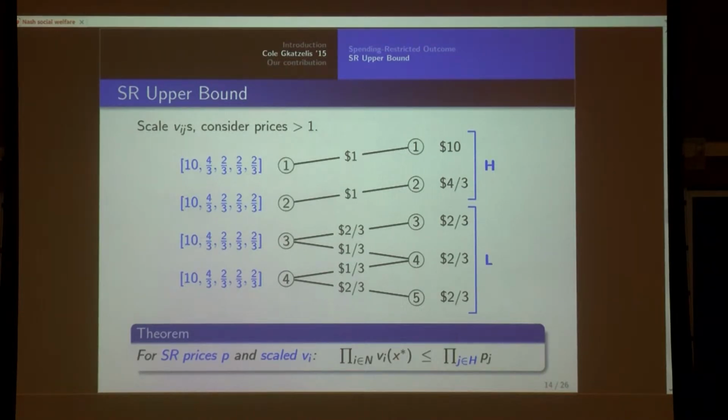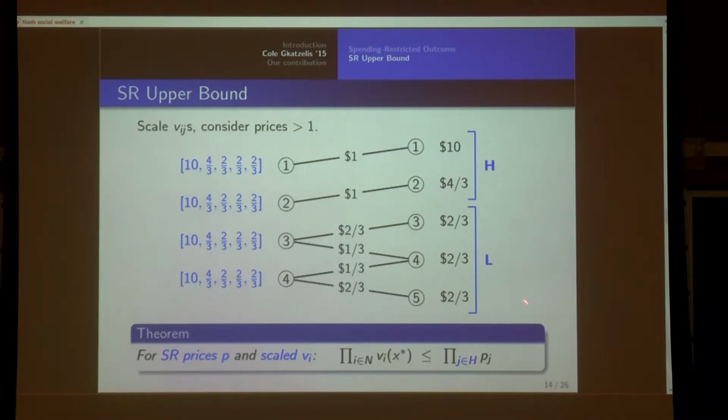And they show this particular upper bound. What the upper bound does is, first of all, it scales the values in a certain way. Okay, let's not go into how it is scaled. And it looks at all the equilibrium prices that have price more than 1. So it ignores all the prices that are less than 1 and only looks at the prices that are more than 1 and takes a product.